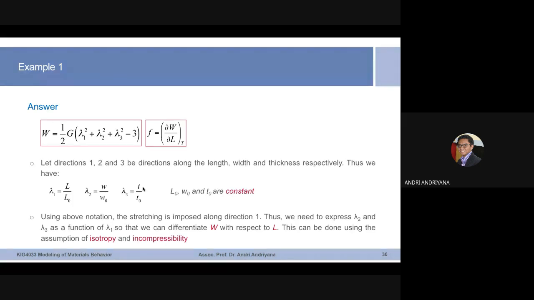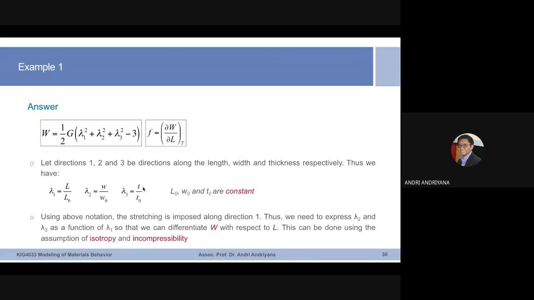So, if I use that notation, it means that because we conduct tensile tests along the direction of the length, the stretching is imposed along direction 1. So lambda 1 is the given value, because we stretch it. For instance, we want to stretch it 2 times, 3 times, or 4 times.